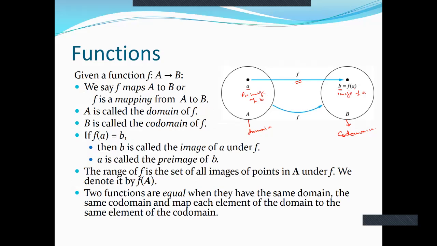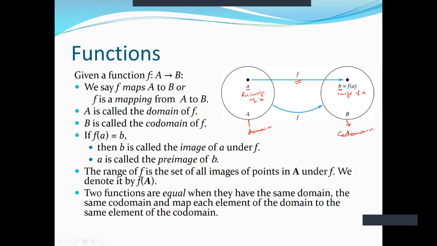This whole set A is called the domain. This whole set B is called the codomain. The mapping element a is called the pre-image of the element b, and b that is mapped from a is called the image of a. So this is the image of a in this set B. This is the pre-image of b in this set A. All right.